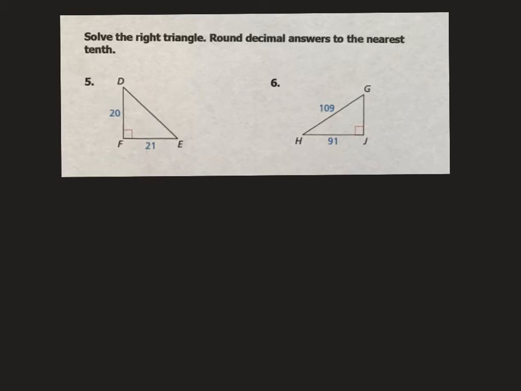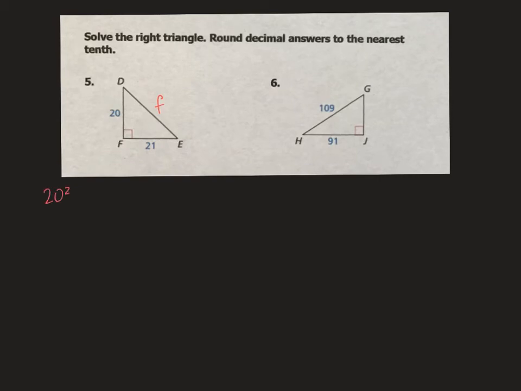So when you're given 2 side lengths, I tend to always find the third side first. So I'm going to call this missing side in number 5 F, because it's opposite of that angle F. So that's just Pythagorean theorem. We know our 2 legs.